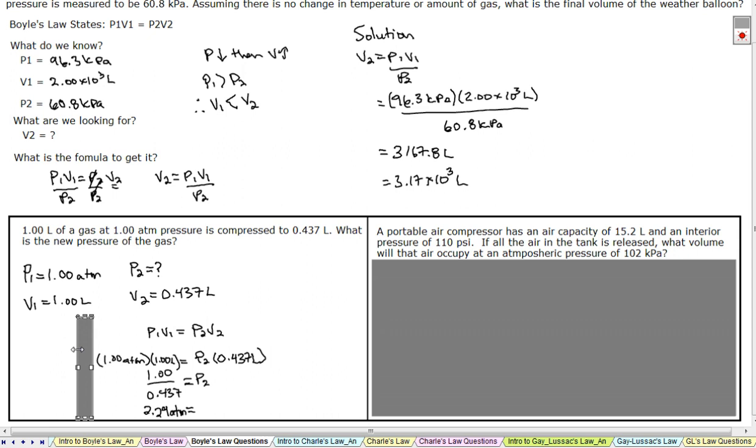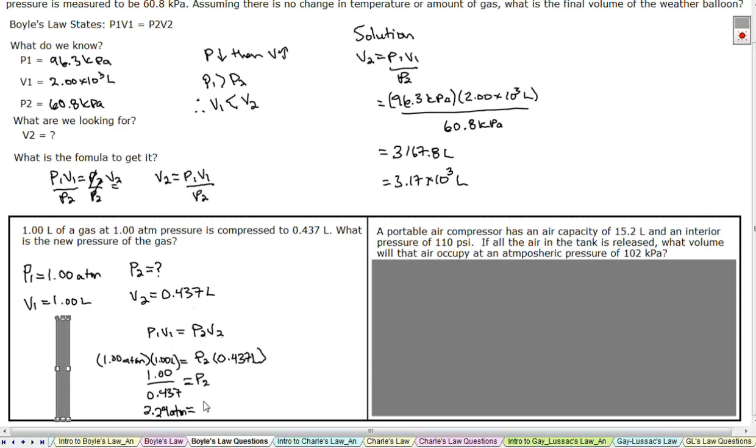Whatever you want to do, that's up to you. Do whatever makes sense to you. You can rearrange before, or you can substitute in. Doesn't matter. So in this case, we get 2.29 atmospheres, which is definitely greater than 1 atmosphere, and we halved the volume. So that would mean our pressure would have to be more than double. So there we go.